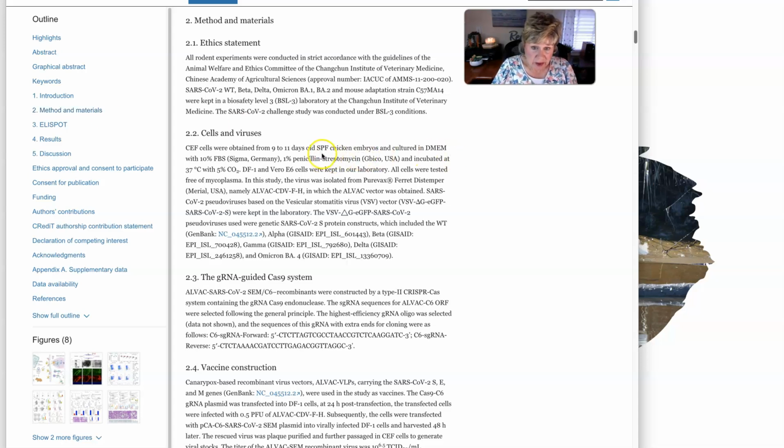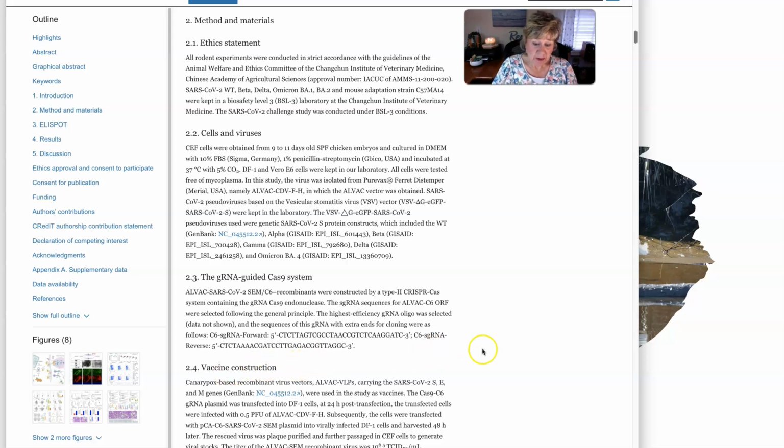For example, they tell you what type of chick embryos they cultured, fetal bovine serum, they used antibiotics to prevent infection in the embryos because they're manipulating these in a lab, and so there's always a chance of infections, etc. The enzyme system that they use to change the DNA, in this case the RNA, for this particular virus construction.